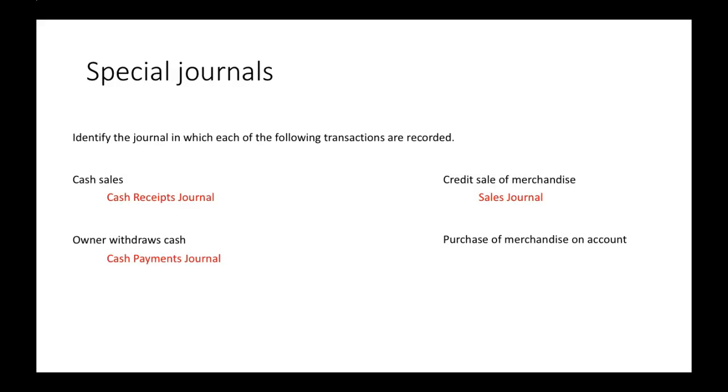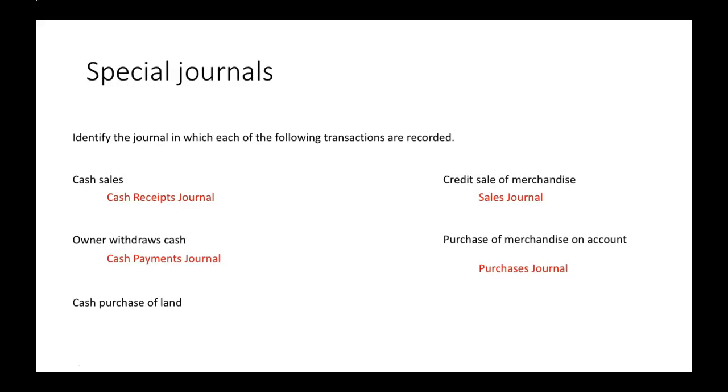Your purchases journal is to record a purchase of merchandise on account. So it's kind of the other side of the sales journal, right? The sales journal was to record a sale of merchandise on account, while your purchases journal is for purchases of merchandise on account. And again, it has to fit all 3 of those criteria. If it does, we can toss it into our purchases journal.